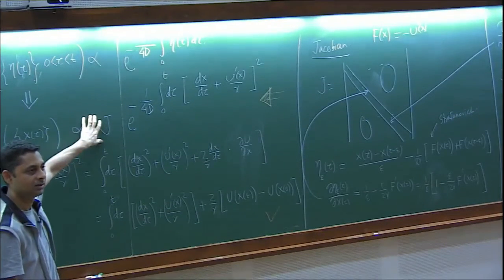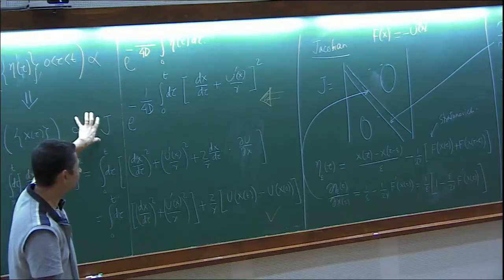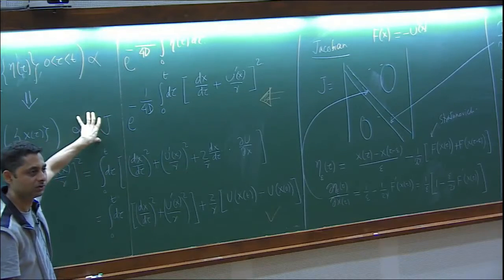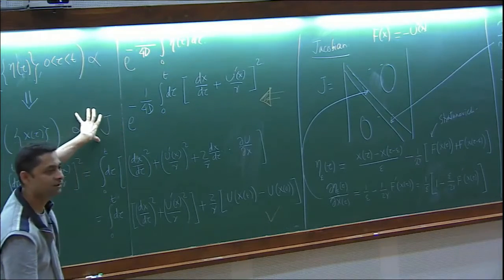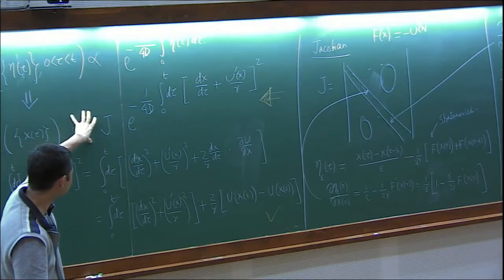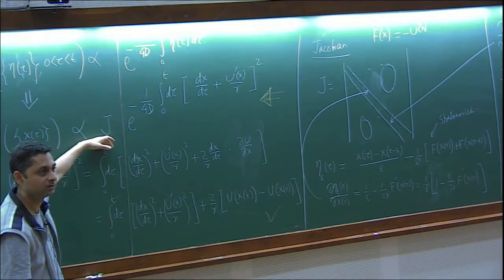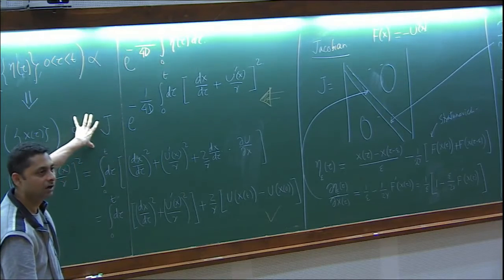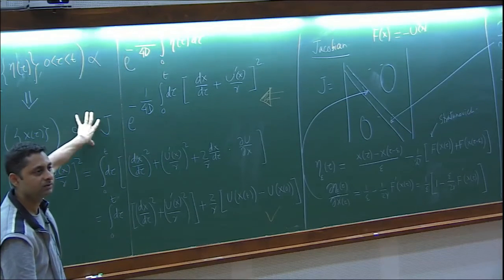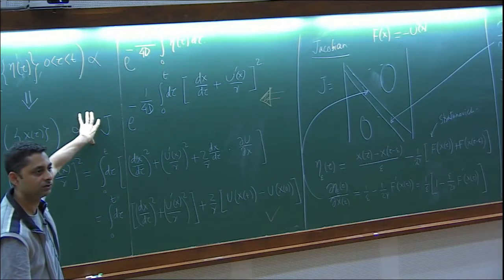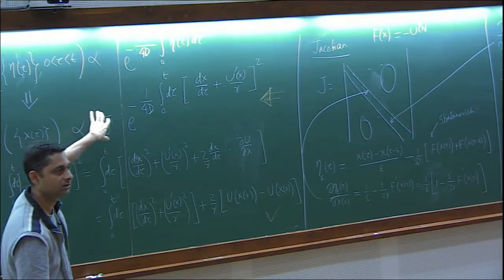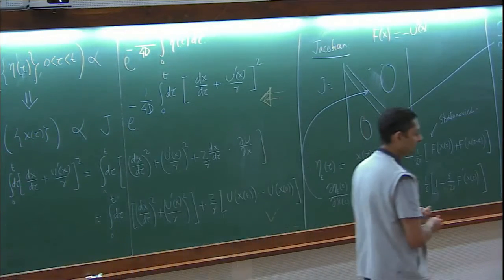So this will be given by the normalization of the distribution. Finally, there is a normalization which also depends on epsilon as epsilon tends to 0, but I don't have to worry because it will be given by the normalization of the distribution.